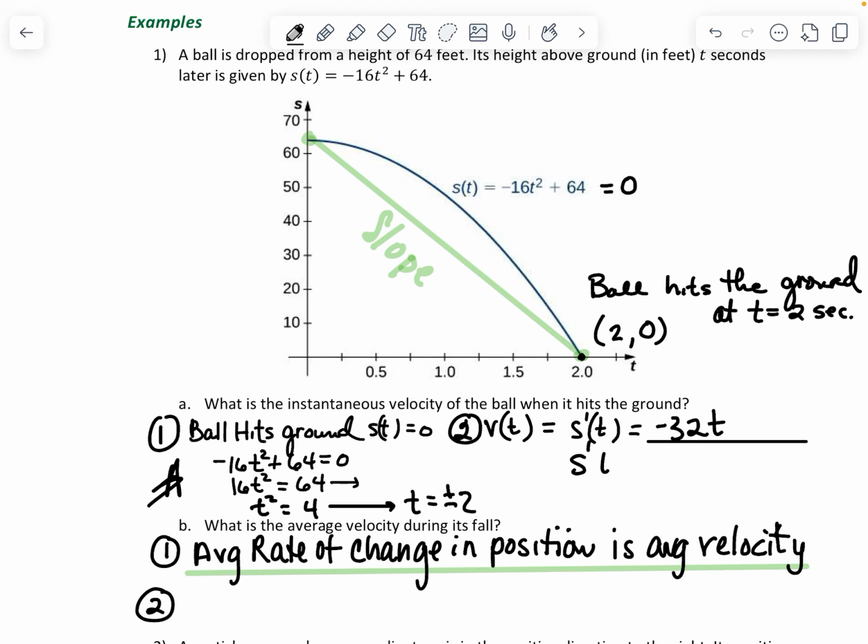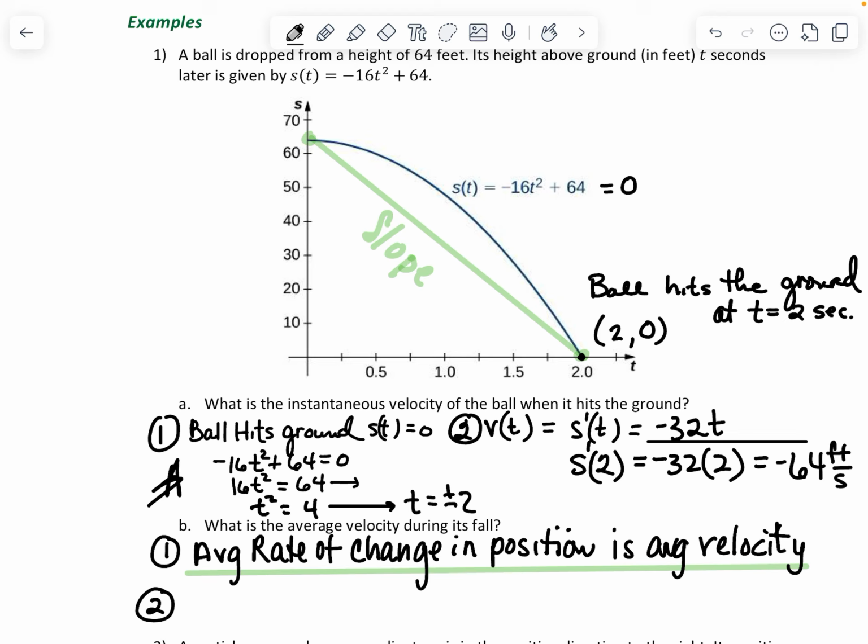So then s prime of 2, the rate of change of position at 2 seconds, the instantaneous rate of change, is negative 32 times 2, which is going to be negative 64 feet per second.